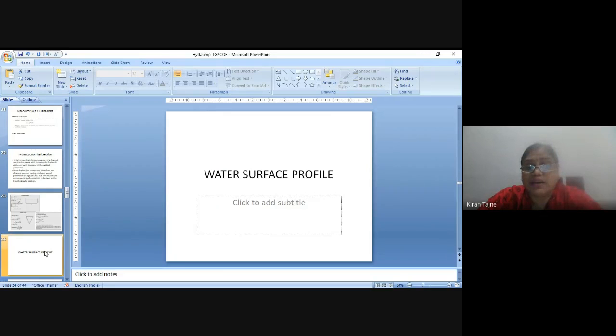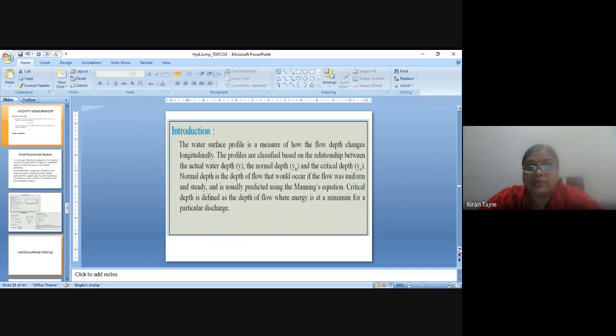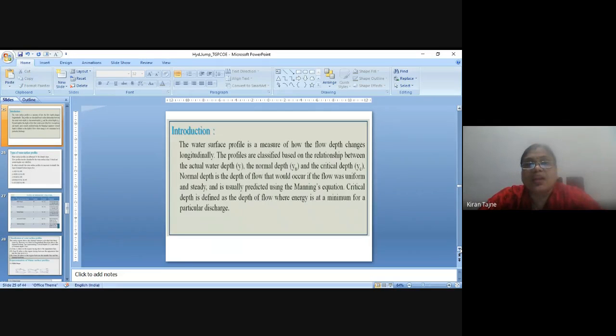Now we'll see what the different water surface profiles, or slope profiles, are. The water surface profile is a measure of how the depth of flow changes longitudinally.